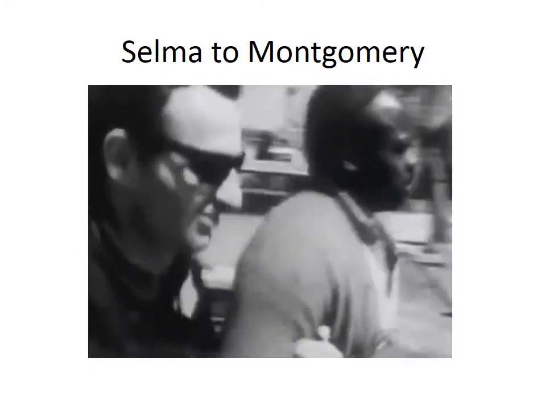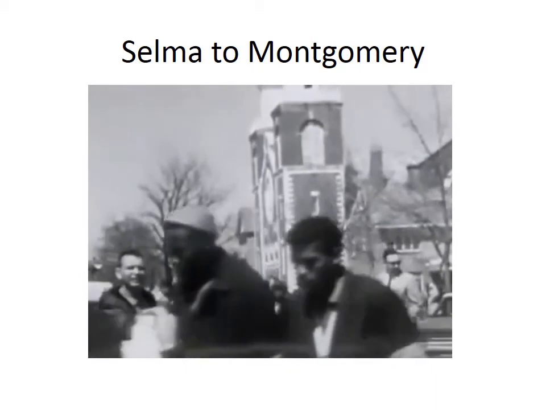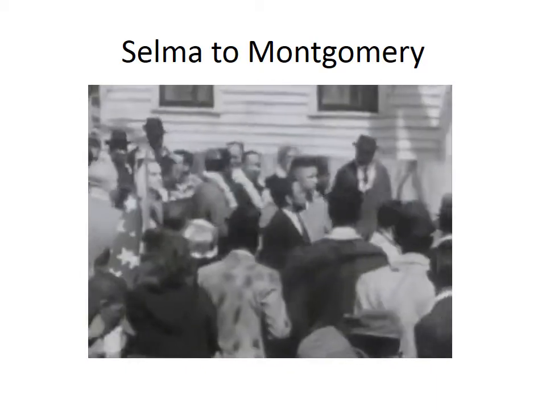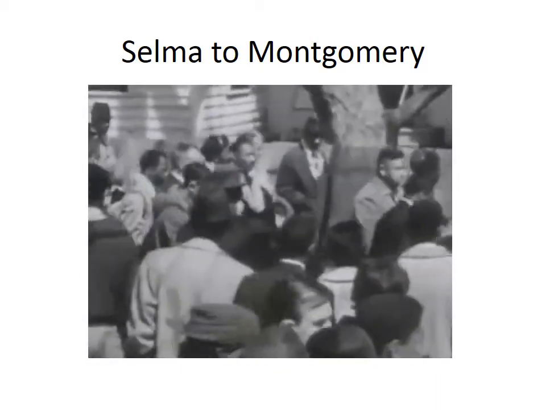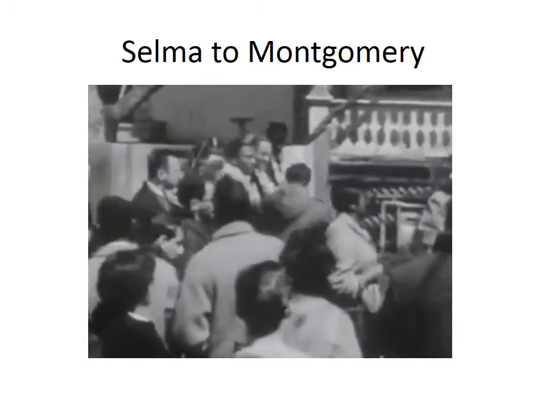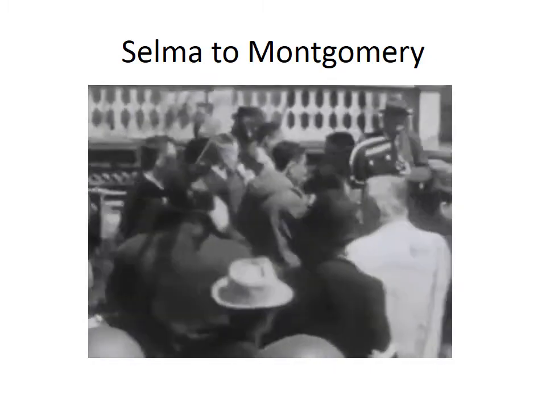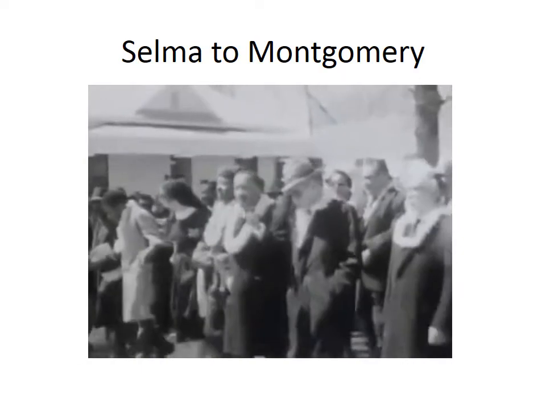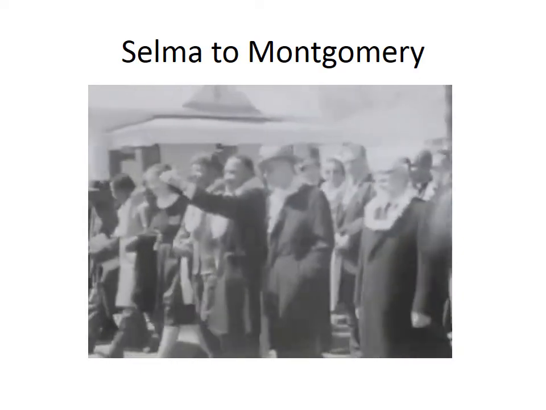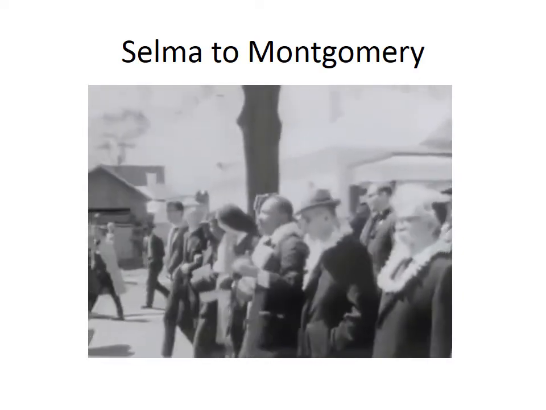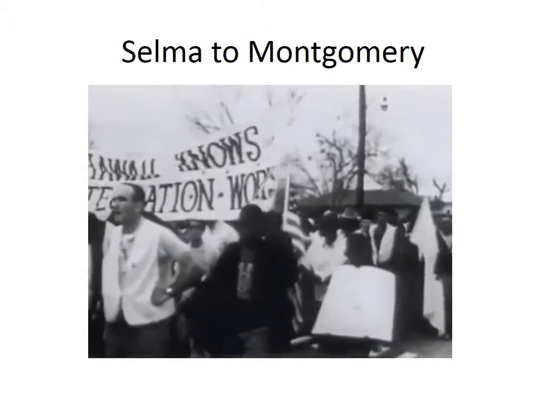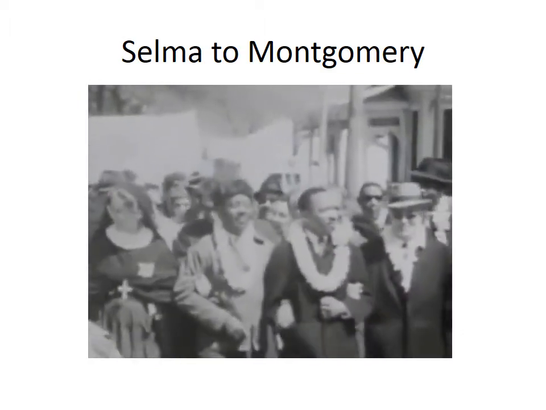Now is the time to make real the promises of democracy. Now is the time to transform Montgomery, Alabama, to a state with a heart of brotherhood and peace and goodwill. Now is the time to make justice a reality for all of God's children. Johnson, of course, immediately addresses the nation, and he's going to pass some important civil rights legislation, which we'll look at.